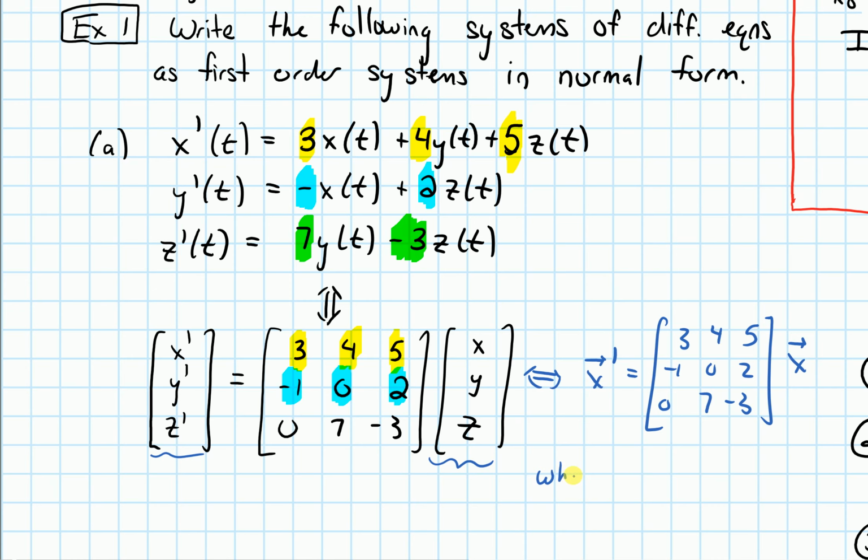I need to say what x is. So x is the vector that has the functions x, y, and z as the entries. So notice that when I write x with this vector arrow on it, that means something different than when I write this x here that doesn't have the vector on it.